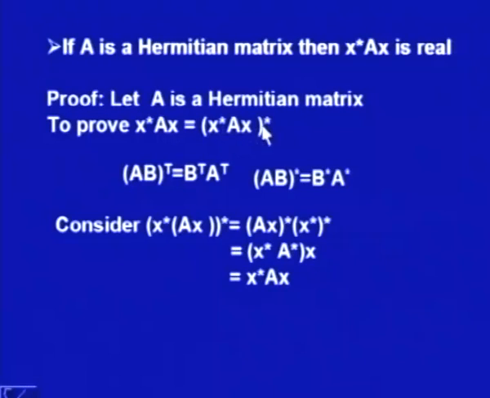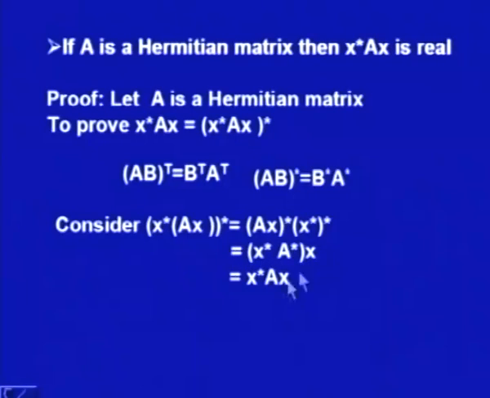So I start with the right hand side, (x star Ax) star. This is the first matrix and this is the second matrix. So the second matrix will be starred first and the first matrix will be starred next. So it is (Ax) star multiplied by x star star. Now (Ax) star, again using this property, becomes x star A star, and when I take the conjugate twice, because conjugate is an operation which gets negated if we do it twice, x star star becomes x.